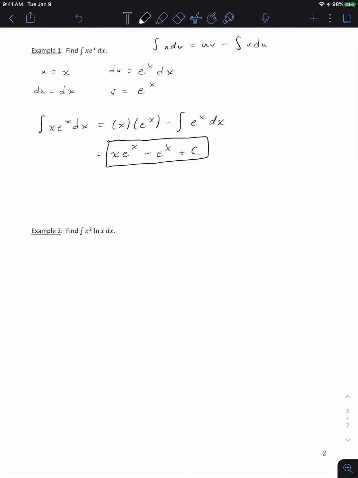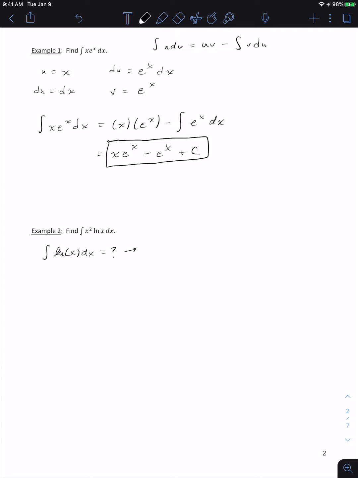Okay, so for this next example here, I need to choose my u and v. So here is an example where you kind of need to look at guideline 1. Guideline 1 says make dv the most complicated part that you can still integrate. Notice that I don't, off the top of my head, know the integral of ln of x.